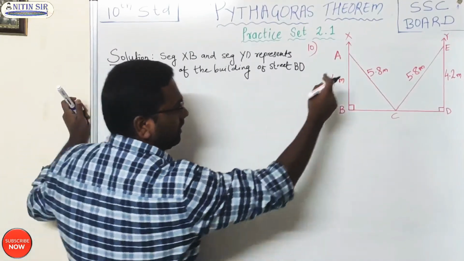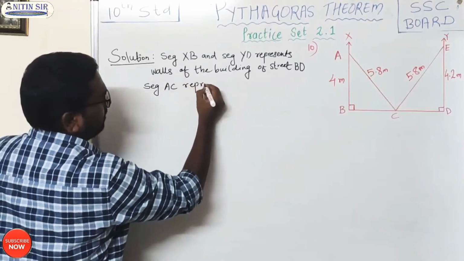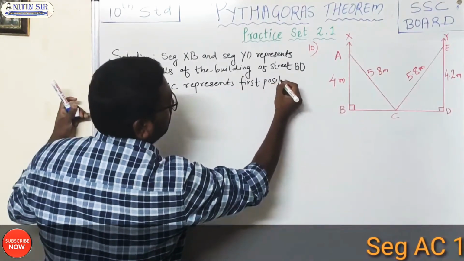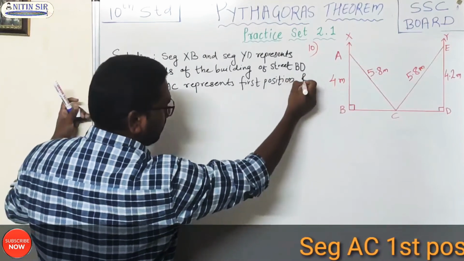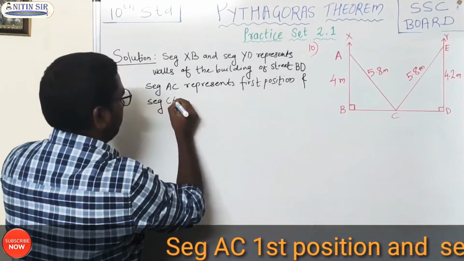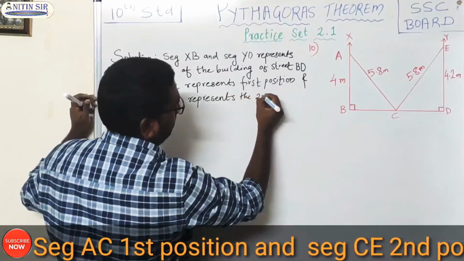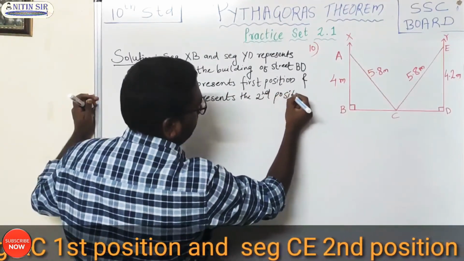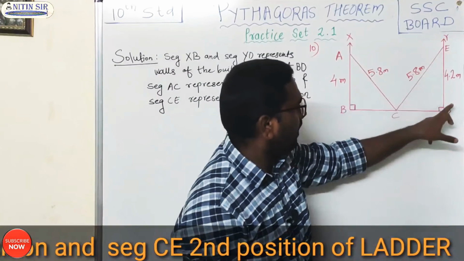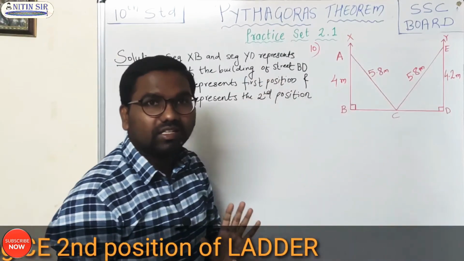Now this segment AC represents the first position and segment CE represents the second position of the ladder. Segment XB and segment ED represent the walls of the building, whereas AC represents the first position of the ladder and CE represents the second position of the ladder.